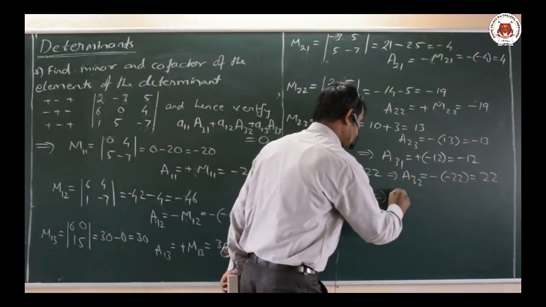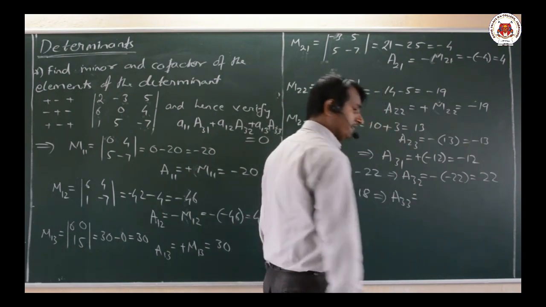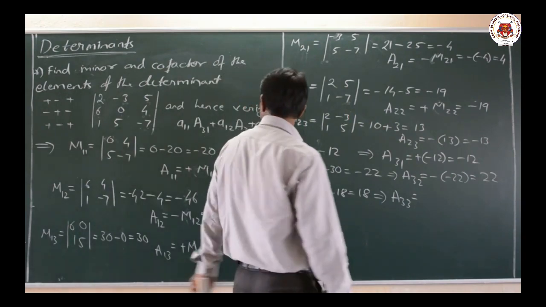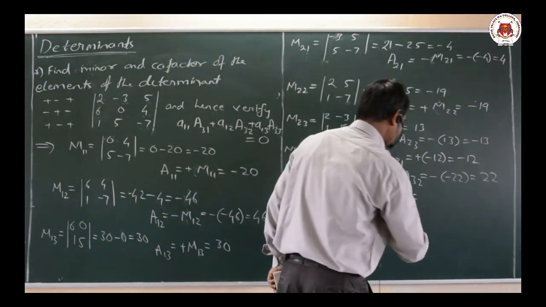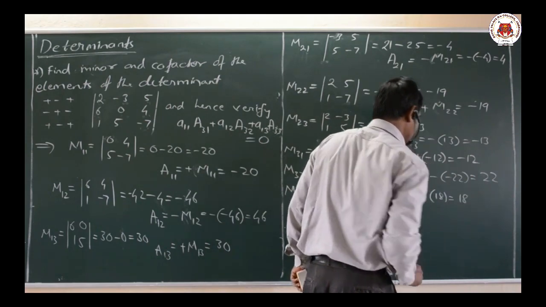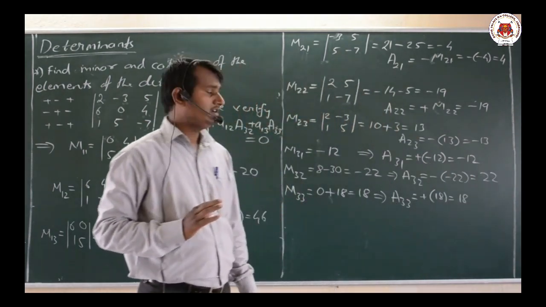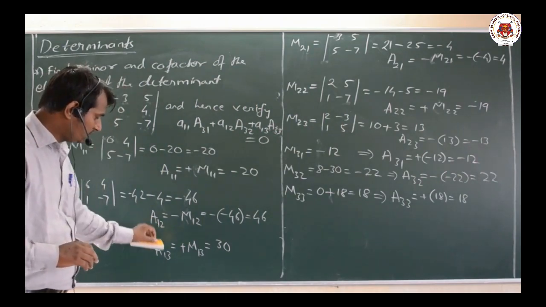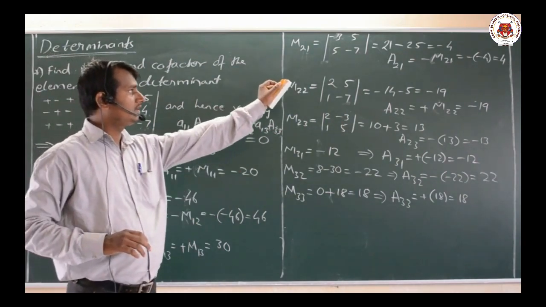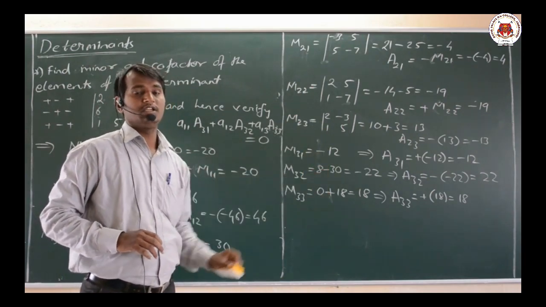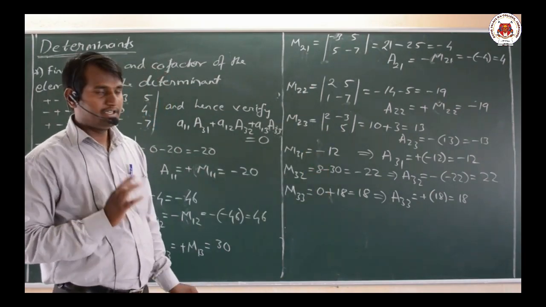Now the cofactor of it, A33, here the sign is positive again, plus of 18, the value will be 18 itself. Okay, these are all the minors, and A11, A12, A13, A21, A22, A23, A31, A32, A33 are nothing but the cofactors of the given determinant.